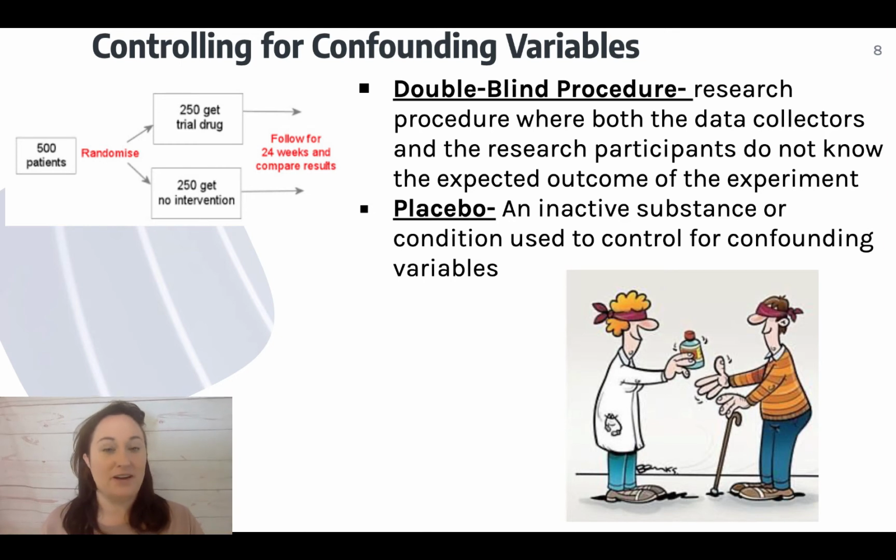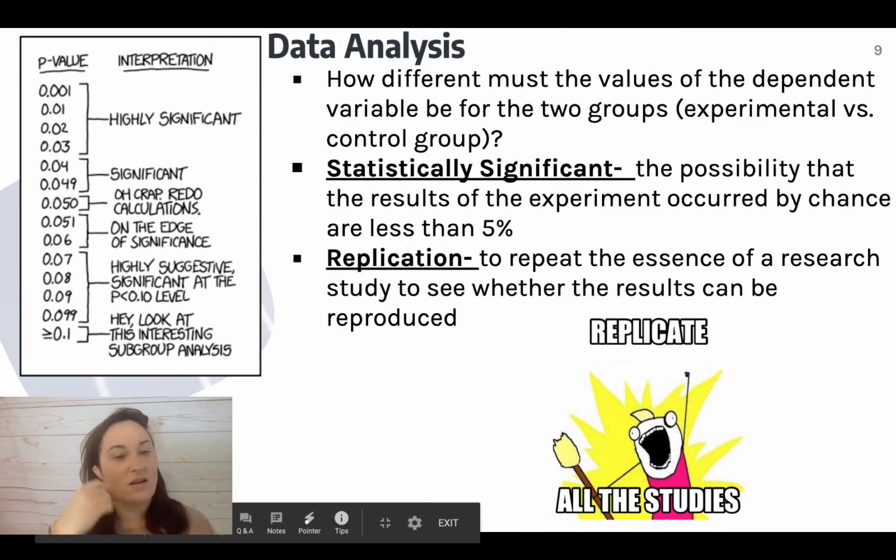The placebo effect is powerful. So the only way to protect our results against that and see if the medicine actually works and it's not just placebo effect is to use this double blind.